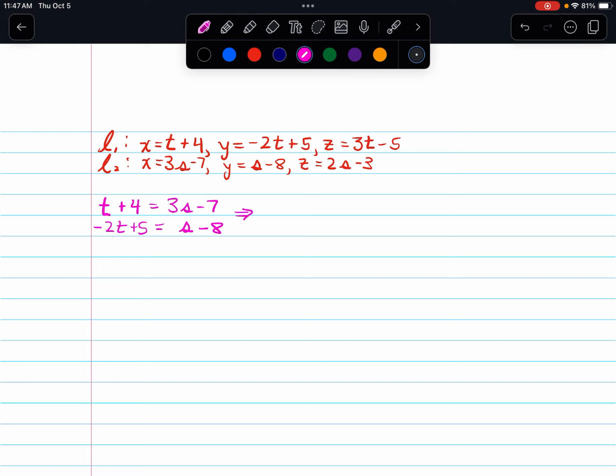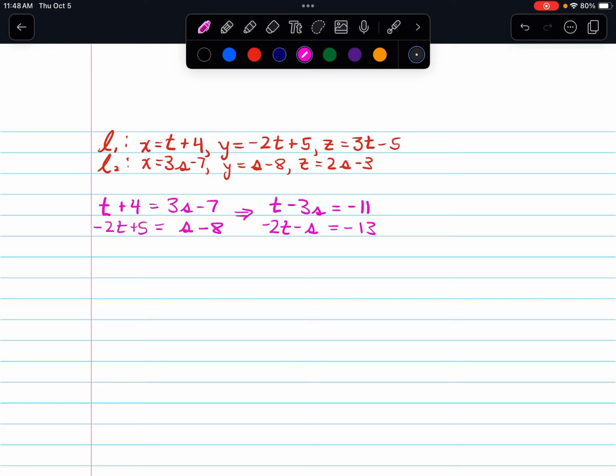I've got T minus 3S equals negative 11. And that's me just bringing the S over with the T and moving the 4 to the other side. I'll do the same thing for the second equation. I've got negative 2T minus S equals negative 13. And now I just solve this.